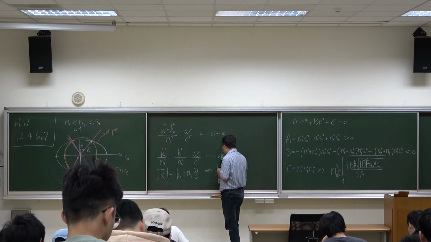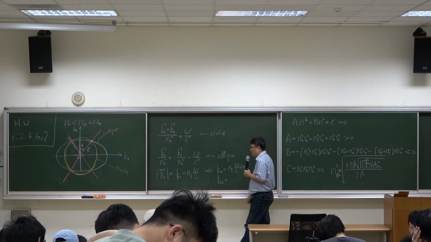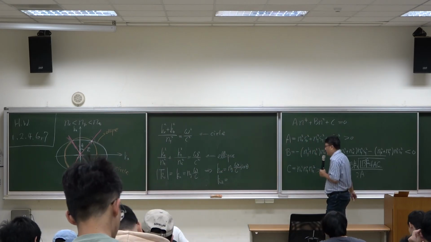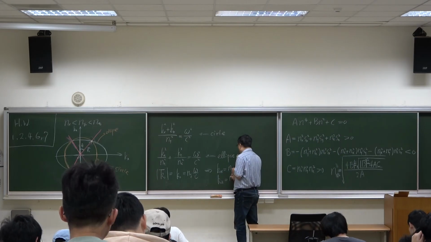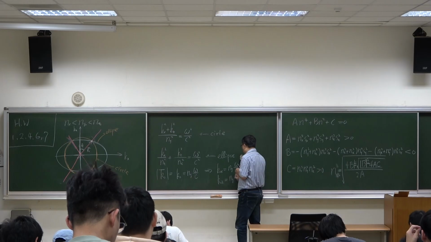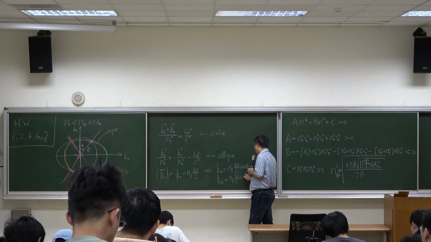And the z component of this K0 vector is ny omega over c times cosine theta.